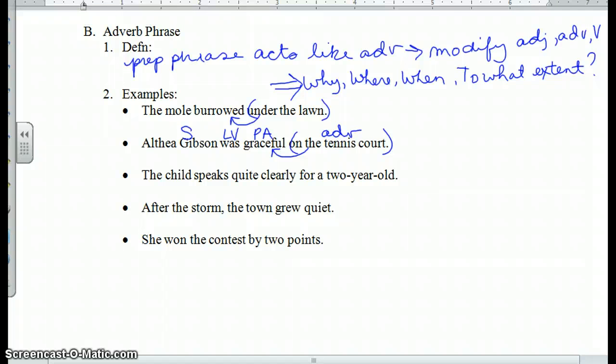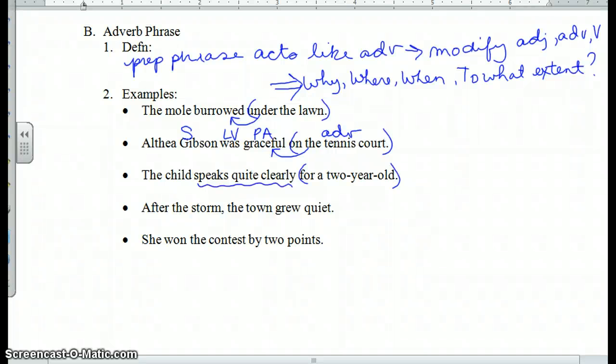So don't be afraid to back up and figure out what that word is for sure instead of guessing. Because most often you'll point to the right word, but if you panic and don't take your time to think through that word, you still may choose the wrong adverb or adjective. The child speaks quite clearly for a 2-year-old. So for a 2-year-old tells you when or why or to what extent they speak quite clearly.